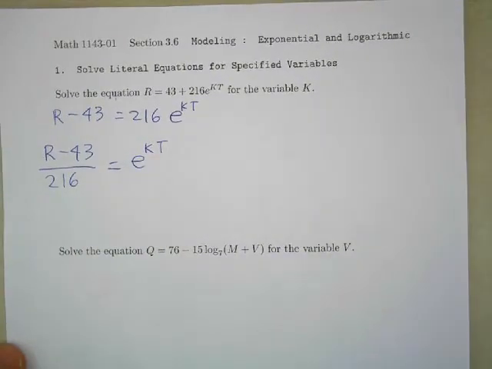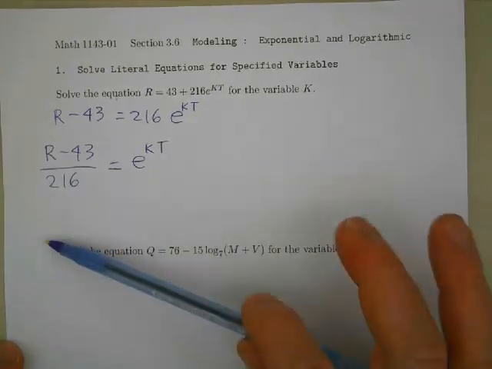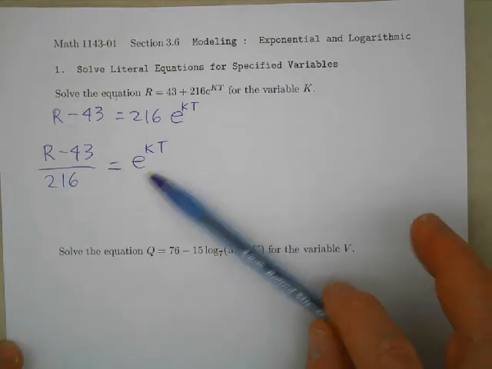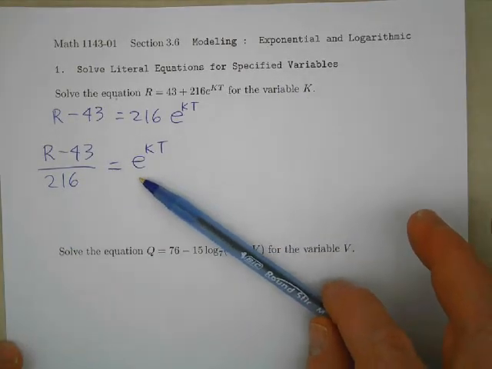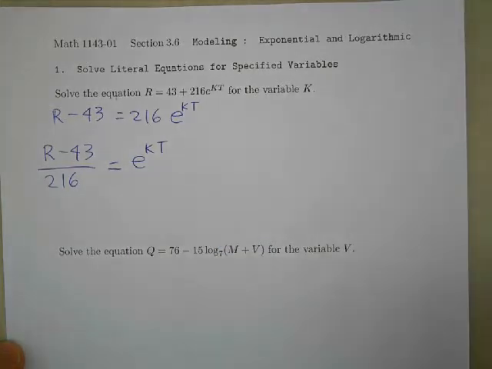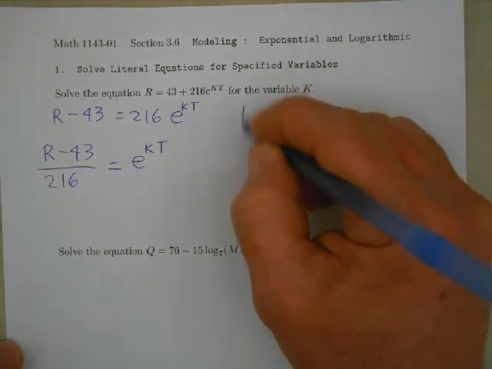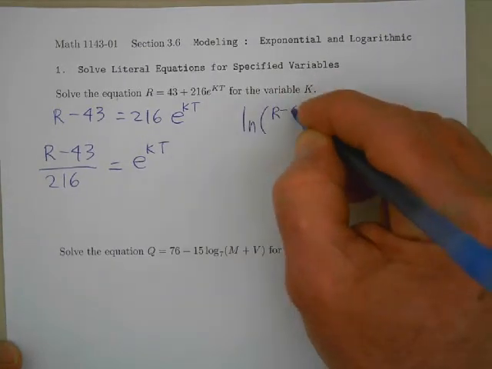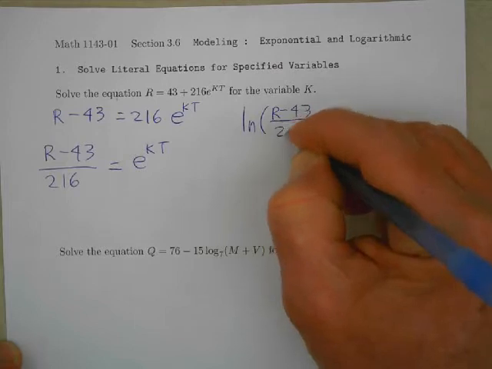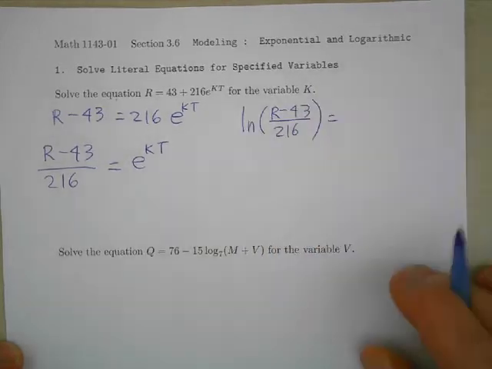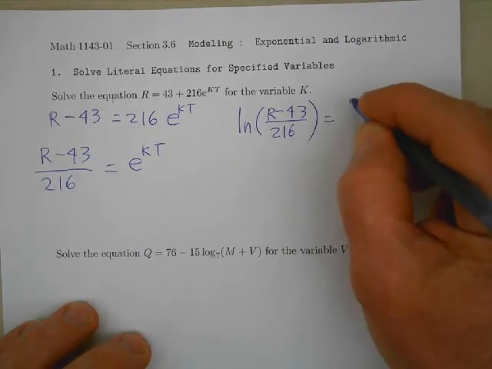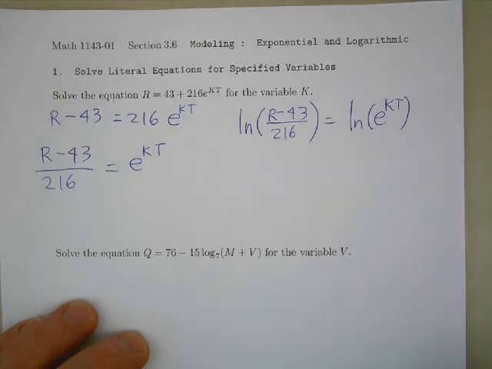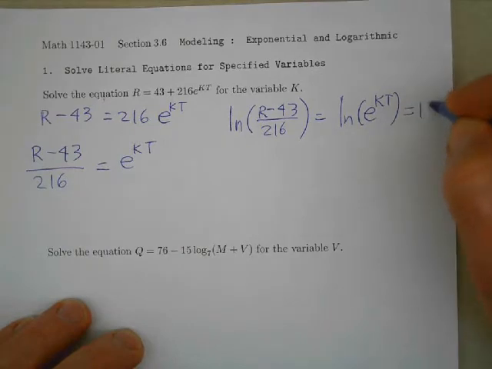And now we can take the natural log of both sides, or equivalently we can convert this exponential equation into its logarithmic equivalent. Either way, if we just take the natural log of both sides, we get the natural log of r minus 43 over 216 equals the natural log of e to the kt, but the natural log of e to the kt is just kt.